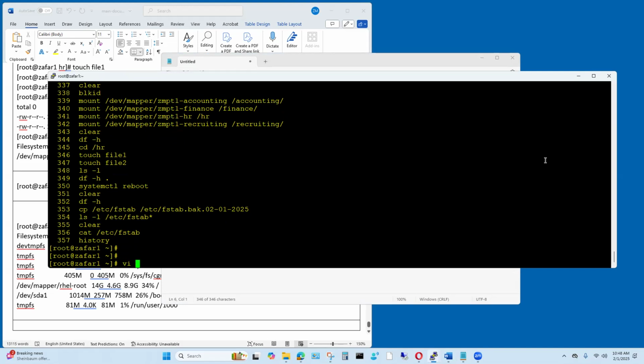vi /etc/fstab. Anybody lagging behind, let me know. fstab stands for File System Table.